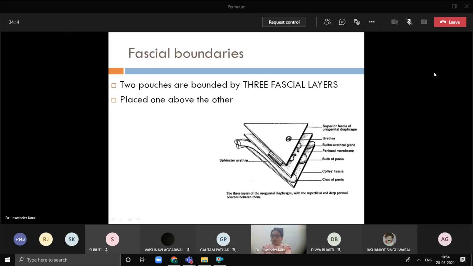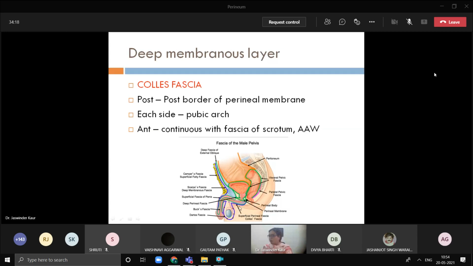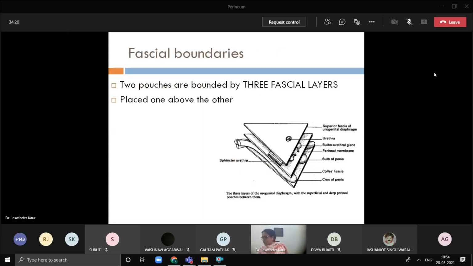These 3 fascial layers, the first is the Colles fascia. Now here you can see what I have drawn: this one is black, this one is pink, and this one is yellow.